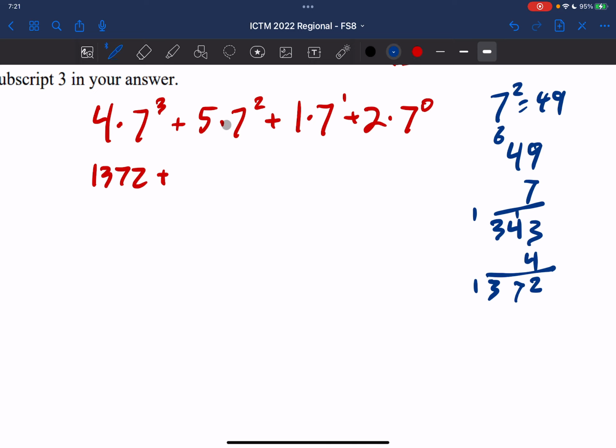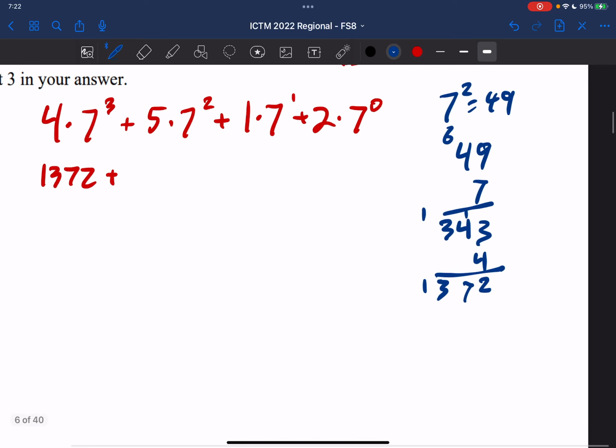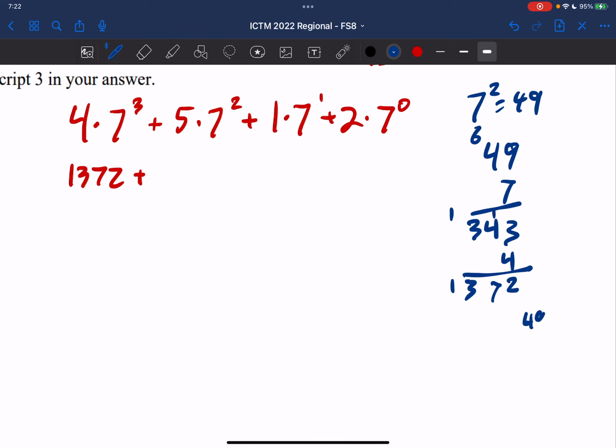And then right here we have to take 5 times 49, so 49 times 5, so we get 245, plus 7 plus 2.